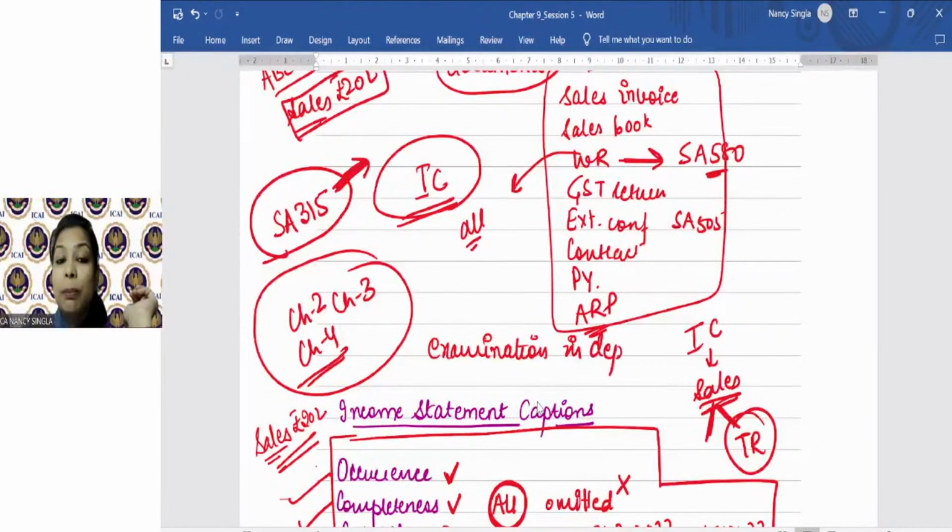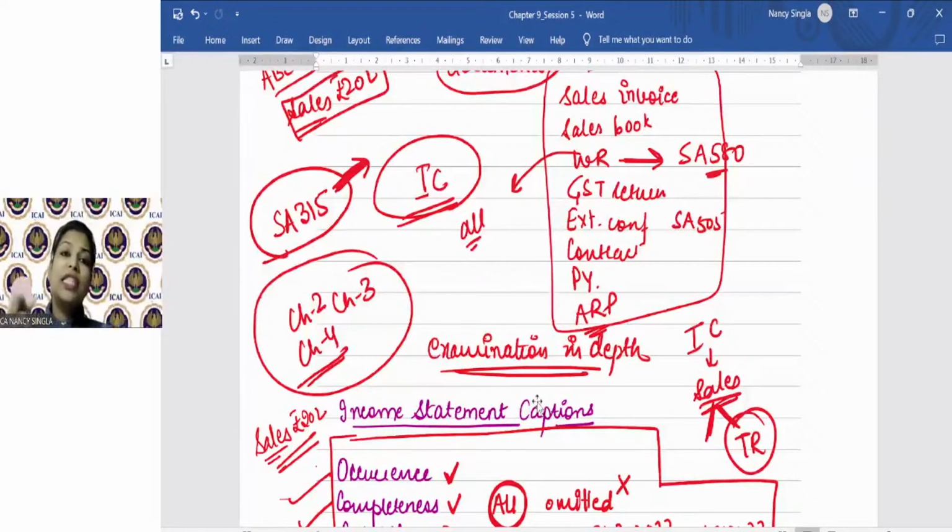So basically, the auditor is checking the entire audit trail, that is from the very beginning, from where the sale started till the moment the payment is received and the sales process is completed. So auditor will check the internal control implemented by the management at each and every stage of the sale transaction.